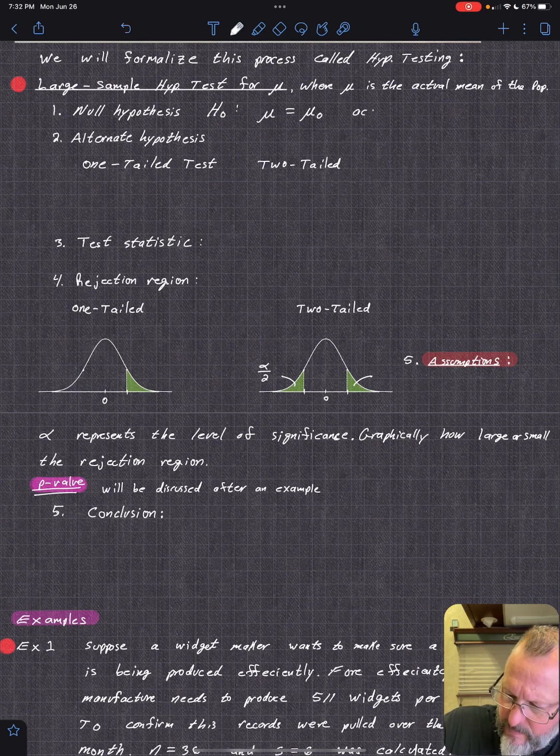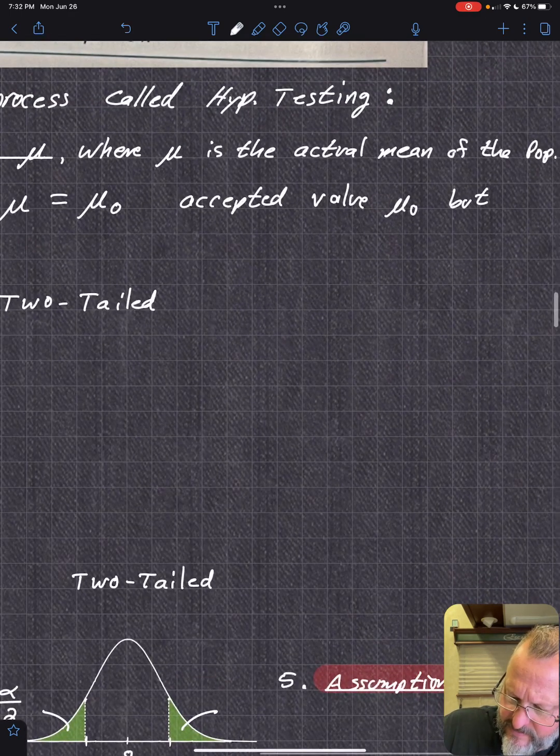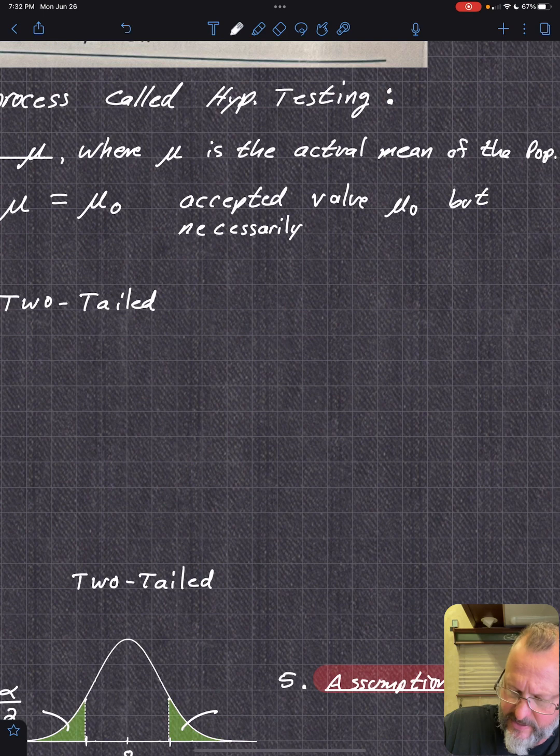The accepted value, mu naught, but not necessarily a fact.